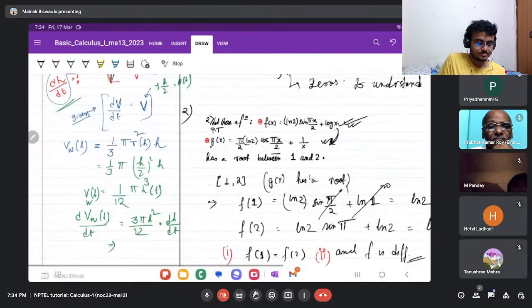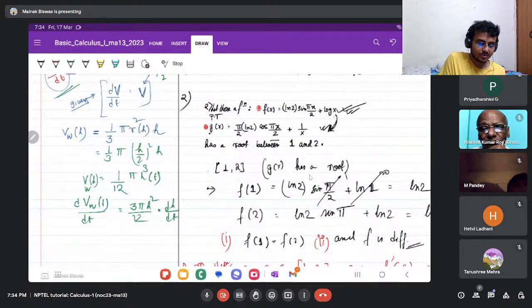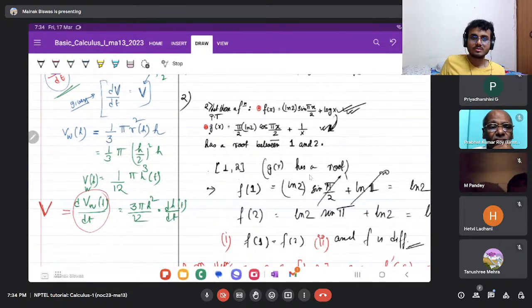So what do I know from this equation which is known to me? This is known, right? This is dV/dt. See, there is some inches and feet issue here, but it will not affect us. Why?